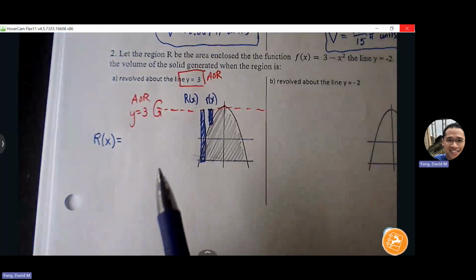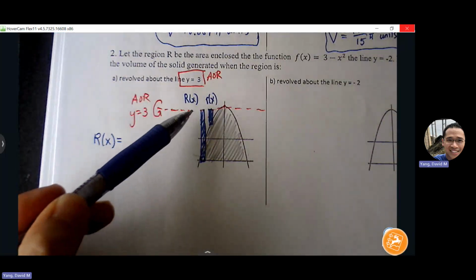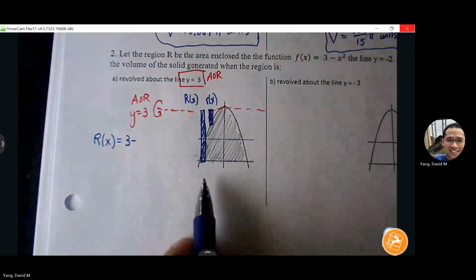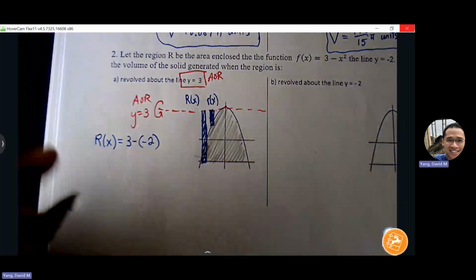Okay. Big radius, top minus bottom. Top is sitting at, what's top of big radius sitting on? 3 minus. Good. We gotta keep track of our two negatives here, right?